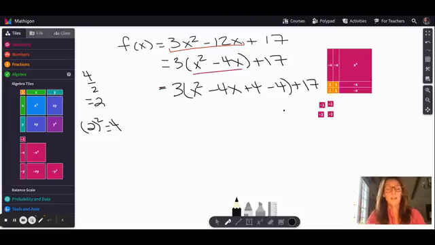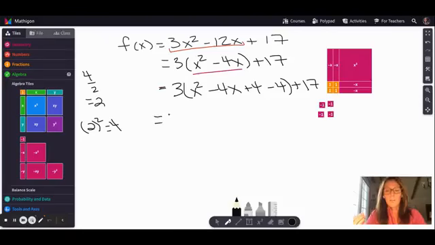Okay, so that's the pattern, and that's just because of how a perfect square trinomial comes about. I know sometimes it's hard to get our head around it, but if you can get your head around completing the square like this, then maybe you can just trust me that when we take the value in front of x, take half, and then square it, that's the value you're going to add and subtract.